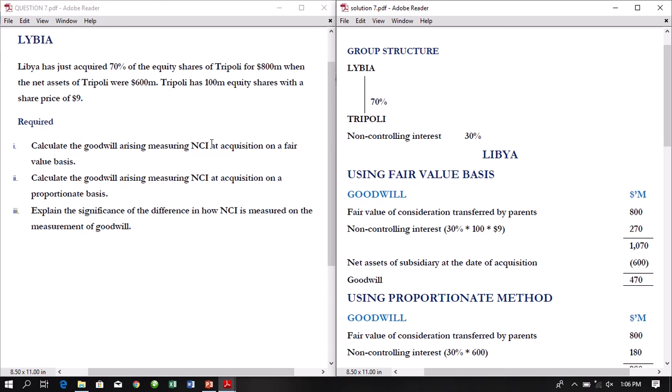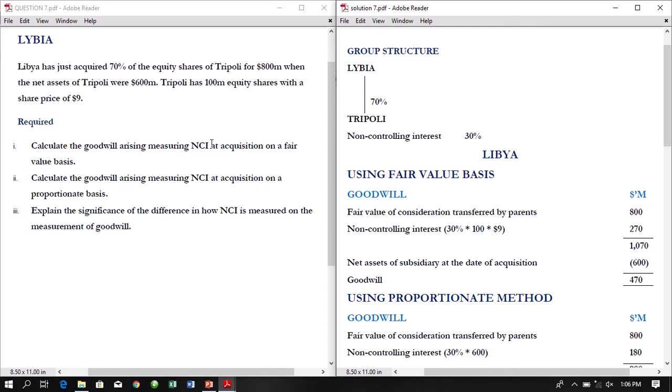Tripoli has 100 million equity shares with a share price of $9 each. Required: 1. Calculate the goodwill arising measuring NCI at acquisition on a fair value basis. 2. Calculate the goodwill arising measuring NCI at acquisition on a proportionate basis.